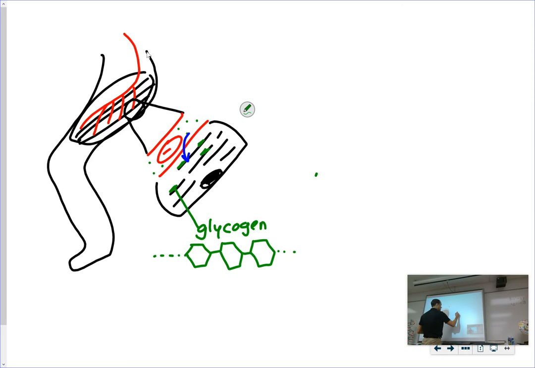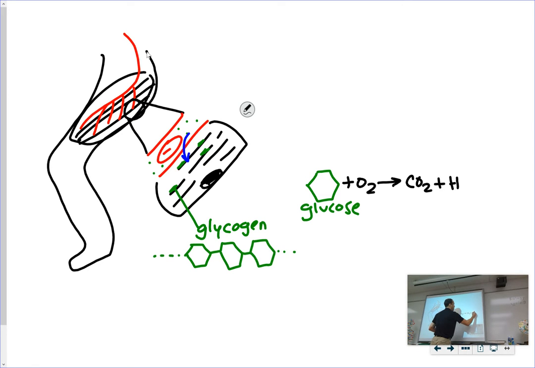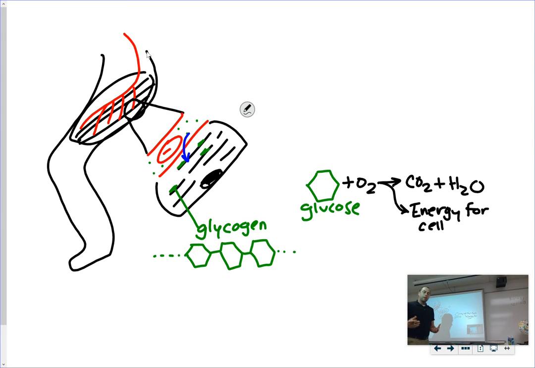So glucose, again, looks like this, and it's going to get combined with oxygen, and it's going to produce CO2 and water. But more importantly, the main thing that's going to produce is a chemical called ATP, which is going to be energy for the cell, including the energy that you need to use your muscles.